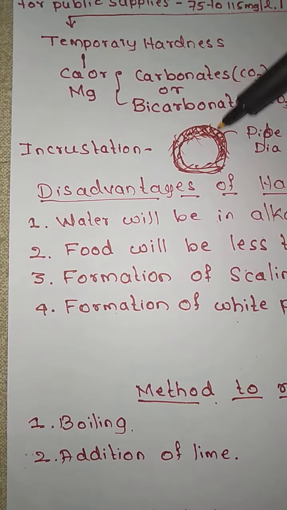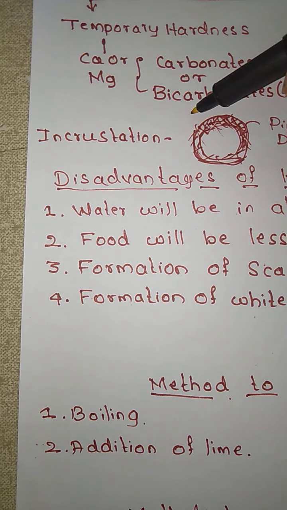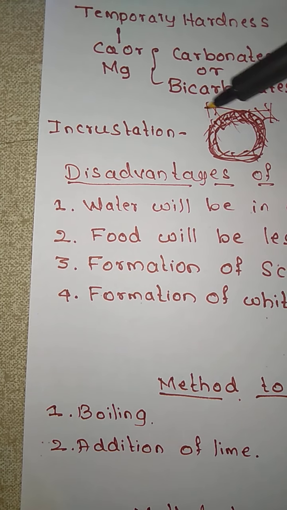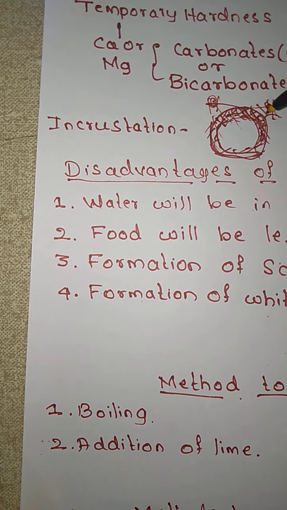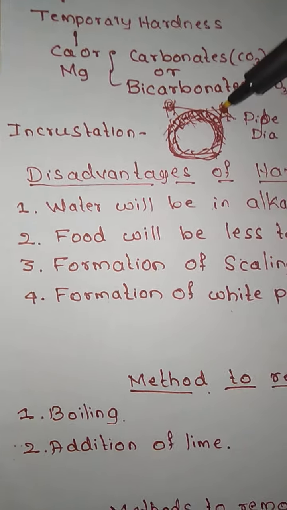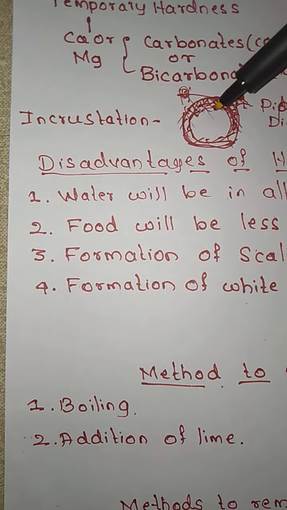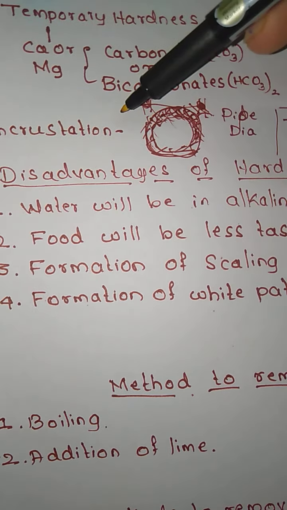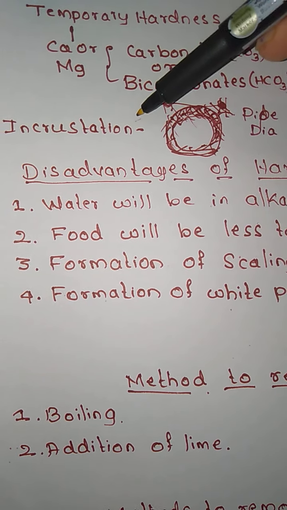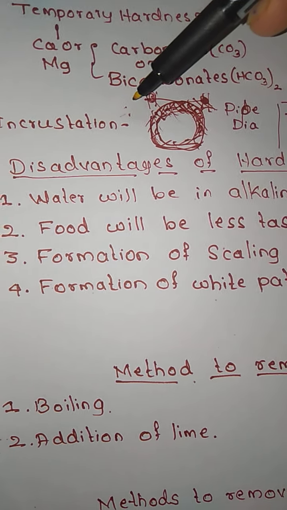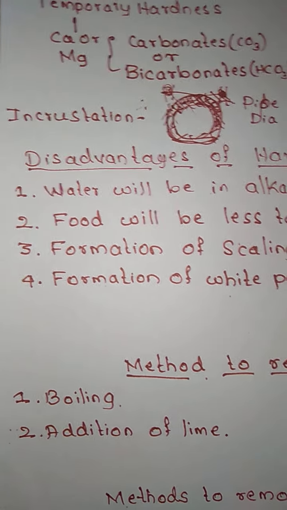Due to this, the diameter of your pipe is going to reduce. When the diameter of the pipe reduces, the water carrying capacity of the pipe is automatically going to be reduced. So this is one problem of hard water. There are a few other problems associated with hard water.